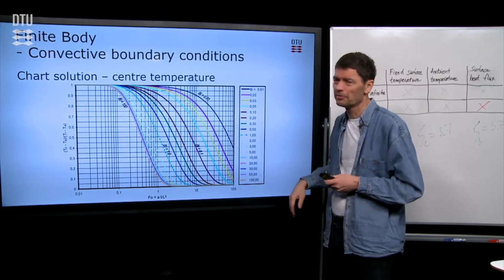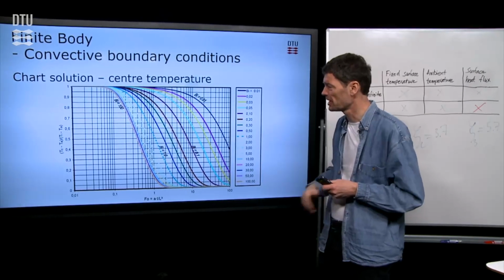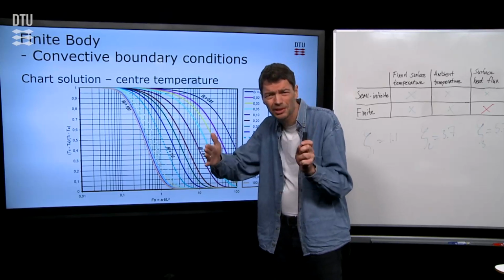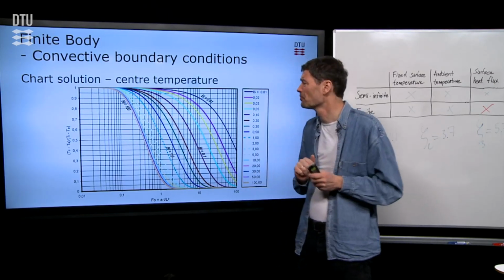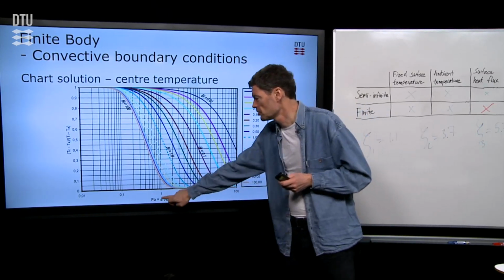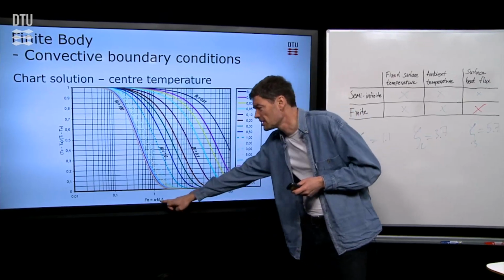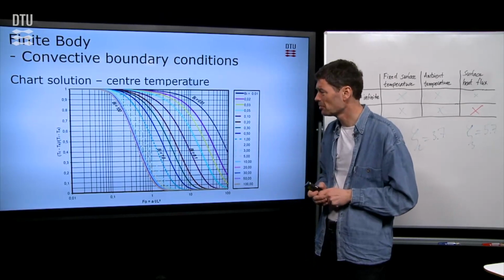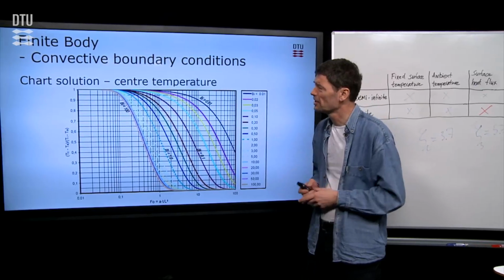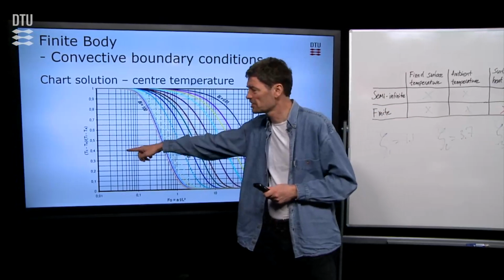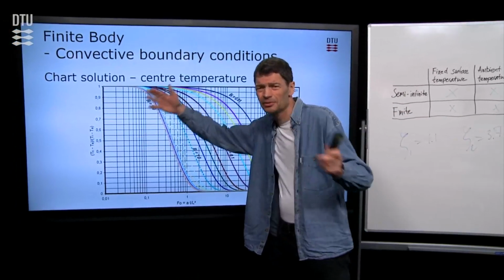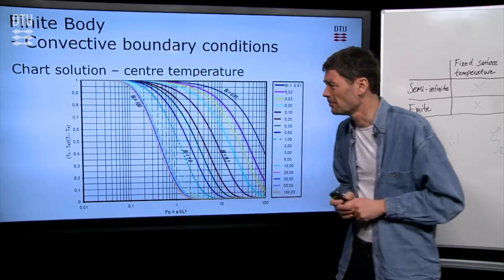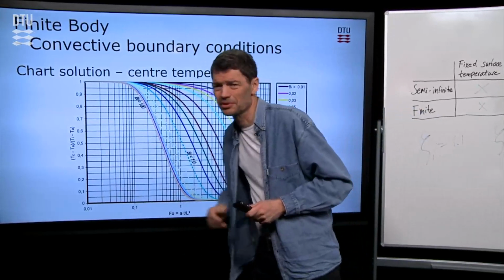So with a proper curve representing the Bi number, you can go in here and find the center temperature, that is the temperature in the middle of the body that you're calculating for. On the abscissa, you should insert the time as a Fourier value, according to the definition of the Fourier number. And then you can find the temperature in the center as a relative temperature compared to the temperature in the ambient air and the initial temperature we had in our body. That will give us the center temperature.